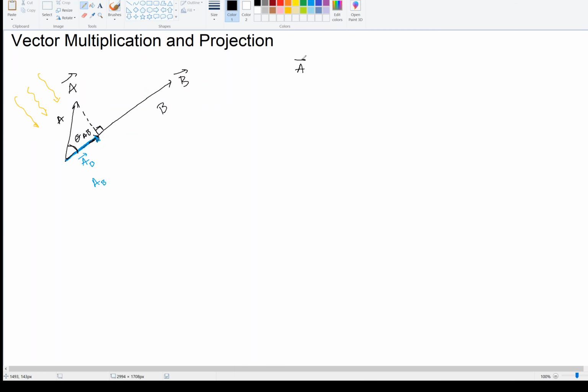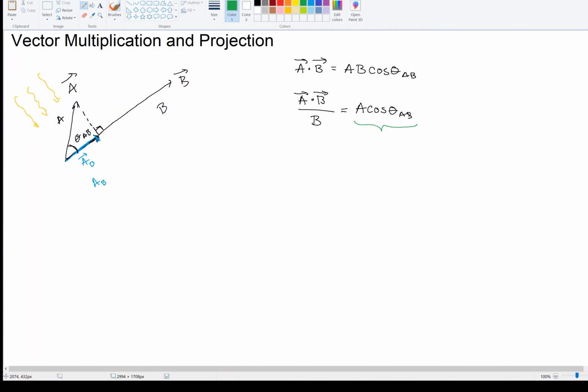So remember that A dotted with B gave us the length of A times the length of B times the cosine of the angle in between them. Right? So now let's take that equation and divide by B. The reason that we do that is because we can interpret the right-hand side now.